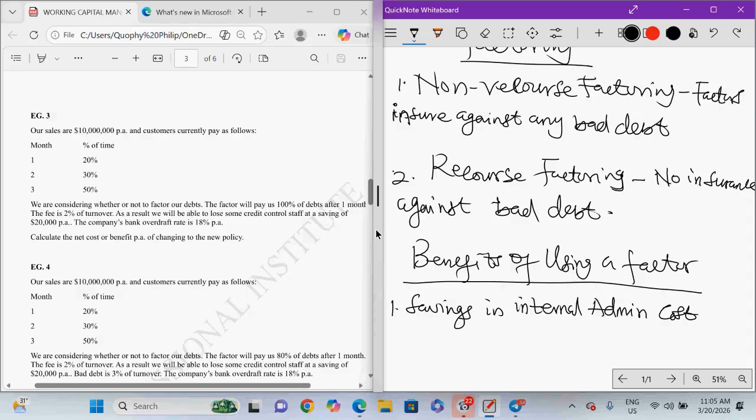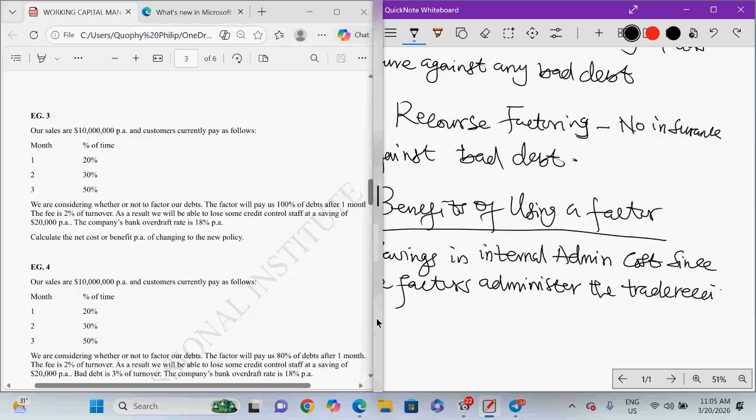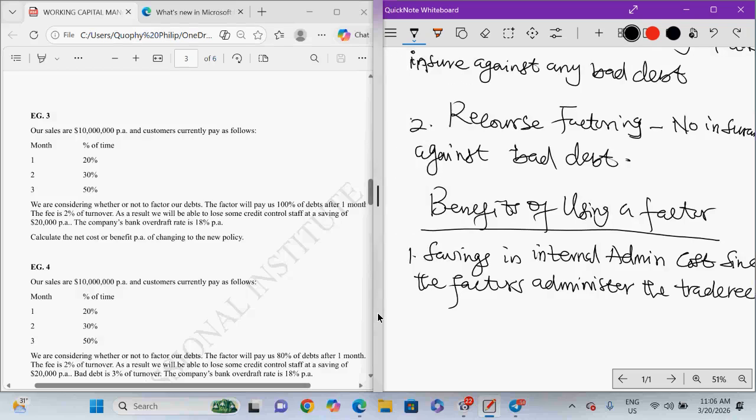So there's a savings in internal admin cost, since the factors administer the trade receivables themselves, right?